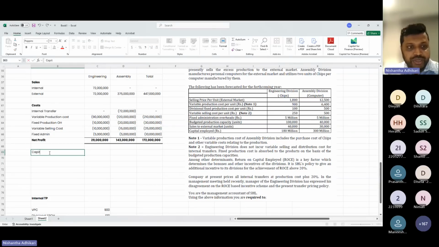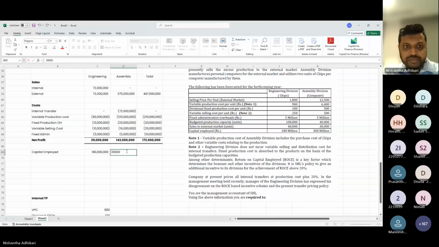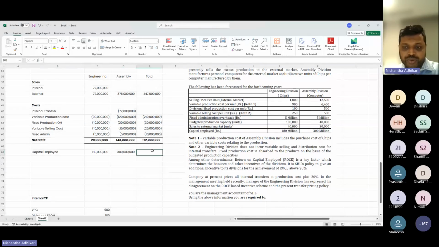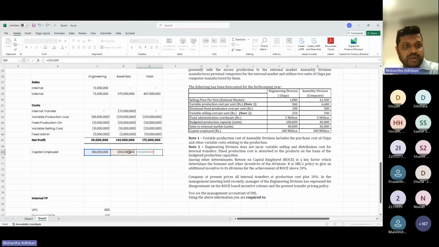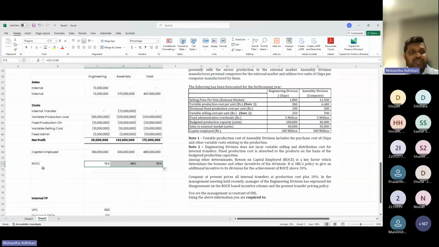I will take the capital employed here: it is 180 million and 300 million, 480 million altogether. Now you can easily calculate ROCE. 29 million divided by 180 is 16%. Here it is 48%, and altogether 36%. This is why the manager of the engineering division may not agree with the current arrangement.